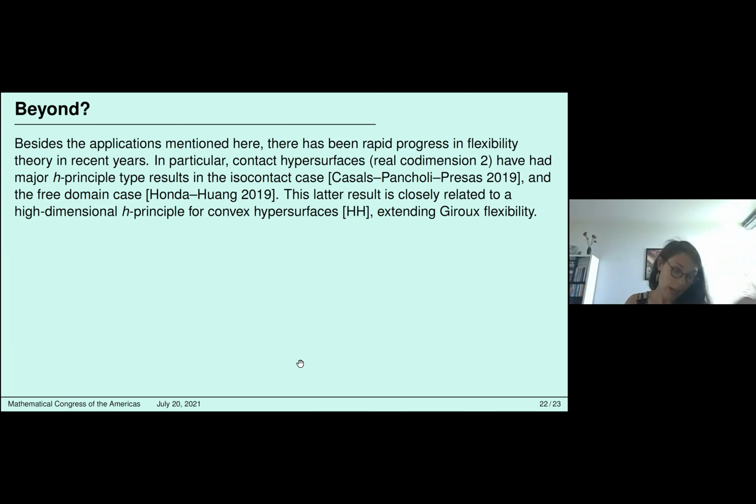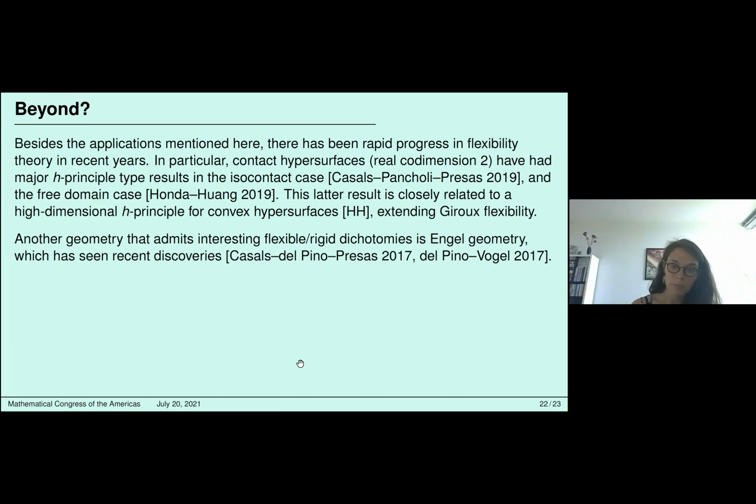And that also has to do with an h-principle for convex hypersurfaces. That's real codimension 1, extending Giroux flexibility. I didn't talk much about this, but this is also a landmark flexibility theorem from about 20 years ago now.